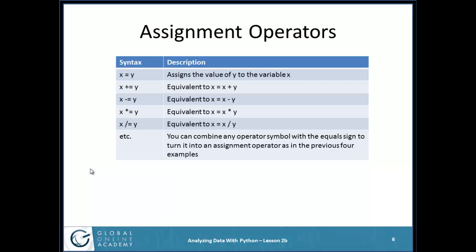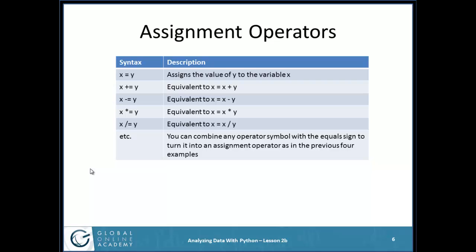X plus equals y. I've put the plus sign and mashed it right up against the equal sign. It's the exact same thing as saying that x equals what x used to be plus the value of y. A very, very common expression in Python. X plus equals 1 means increment x by 1.